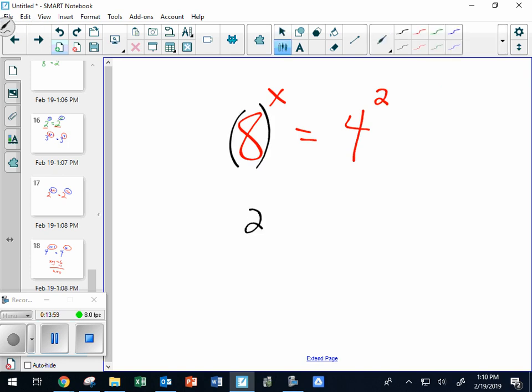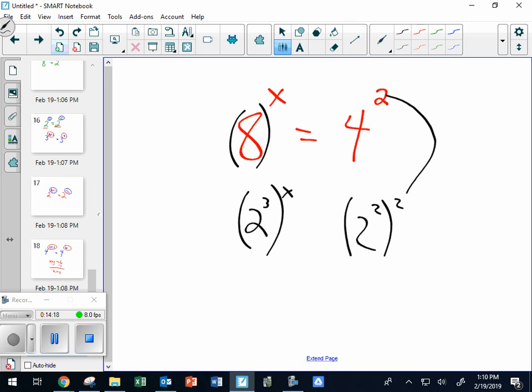8 could be 2 to the 3rd, to the x. What just happened? I replaced an 8 with a 2 to the 3rd. Isn't a 2 to the 3rd the same as an 8? And then this 4, couldn't I replace that 4 with a 2 squared? And then this squared is right there. Aren't those equal to each other?